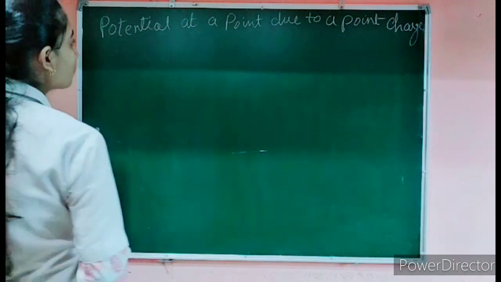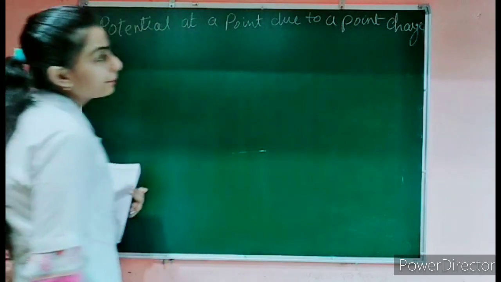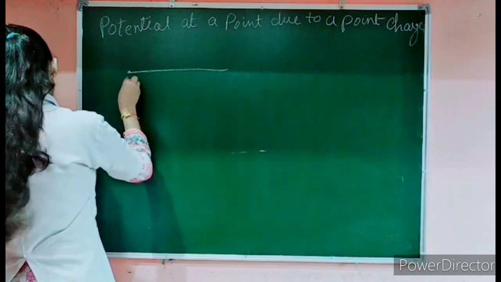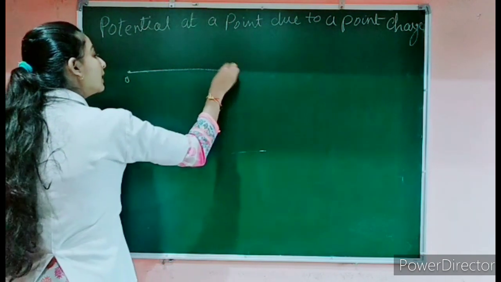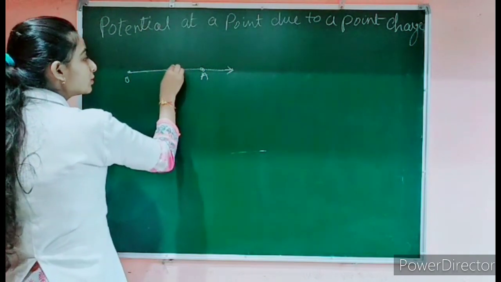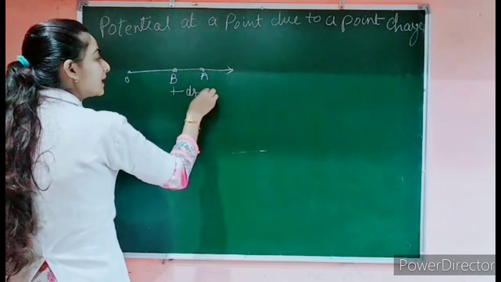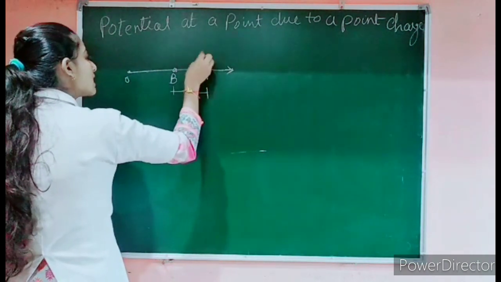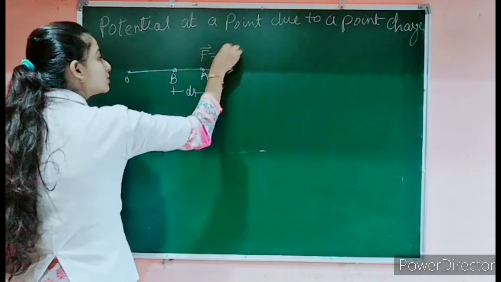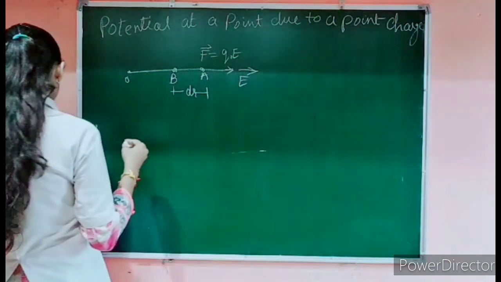Now our next topic is electric potential at a point due to a point charge. If we consider a point O here and point A is here, to bring a charge closer to point B, the displacement will be considered as dr, and the force acting will be F equals Q0 E, with the intensity in this direction.